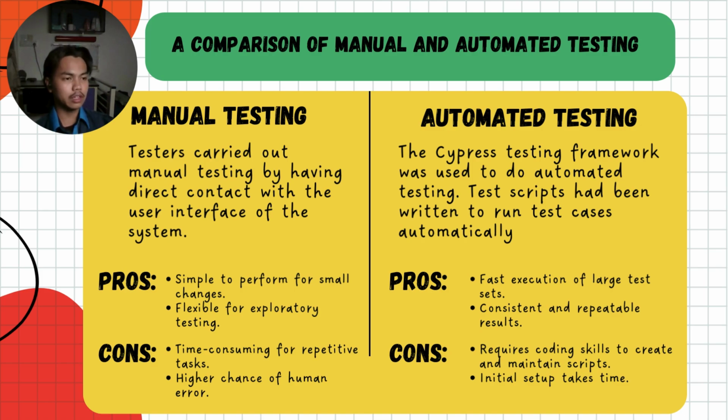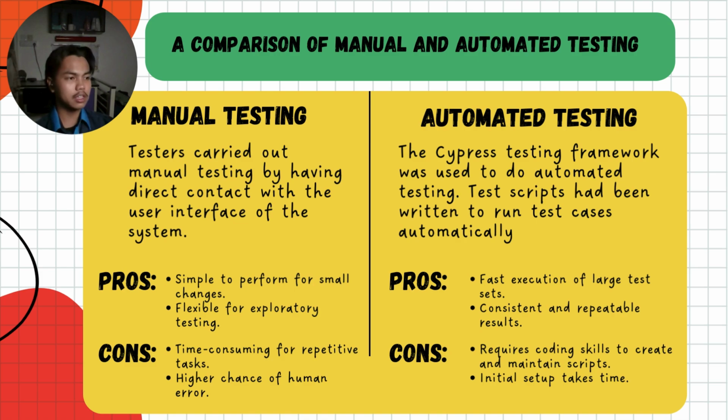For manual testing, the advantages are that it is simple to perform for small changes and flexible for exploratory testing, but it is a bit time consuming for repetitive tasks and has a high chance of human error.